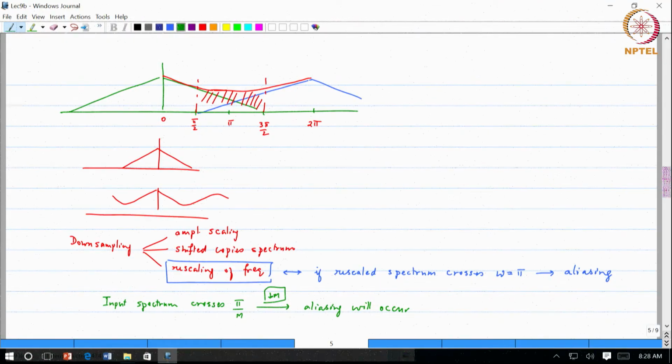This is exactly the same as what happens when you undersample a band limited signal. There will be overlap of the copies of the spectrum, but here, in the discrete domain itself, we have shown that there will be overlap of spectrum. I may not be able to recover the original signal, which is the typical description of aliasing.